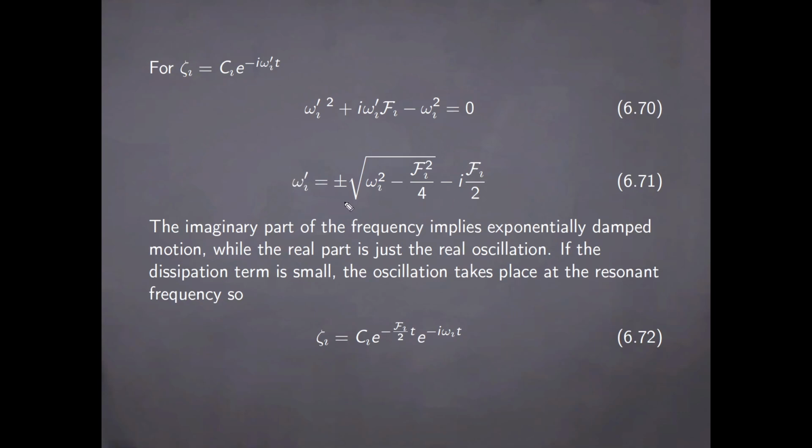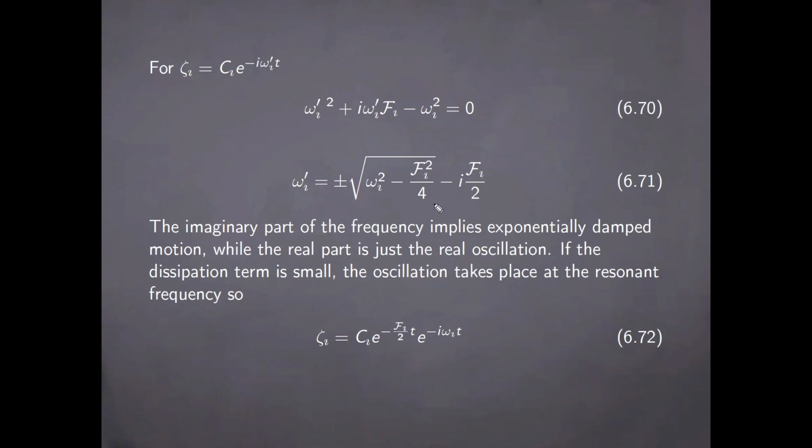So the primed frequencies are given in terms of a real part involving the resonant frequencies of the system and the effect of dissipation on that particular degree of freedom, and an imaginary part involving only the dissipation function. So these are complex frequencies where the imaginary parts imply exponentially damped motion, while the real part represents the frequency of the real oscillation.